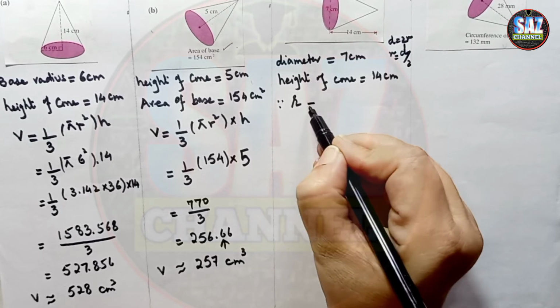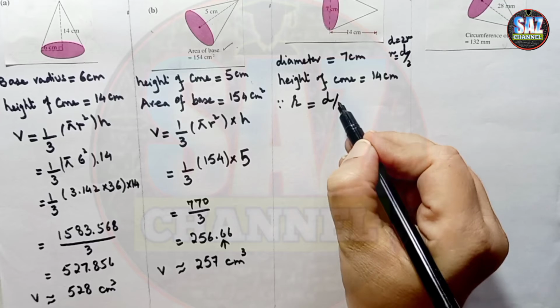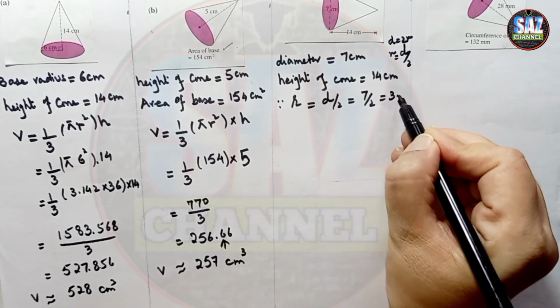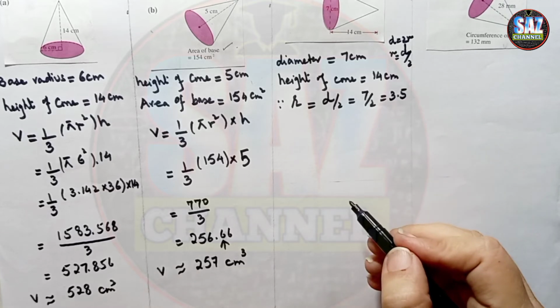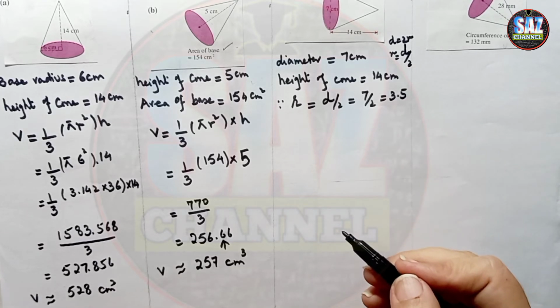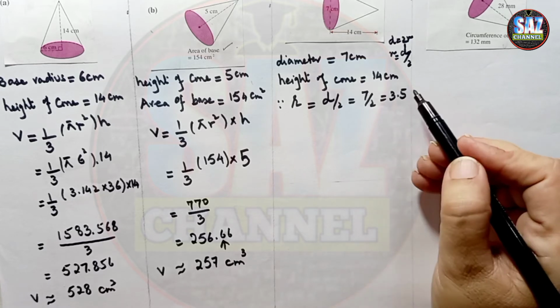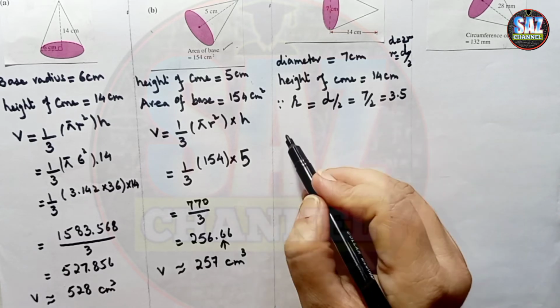Radius is equal to diameter by 2, which is equal to 7 by 2, which is equal to 3.5. I always ask my students to support your working with the formulas so that the examiner can understand you're working well. Now we have the radius with us, we have the height with us.